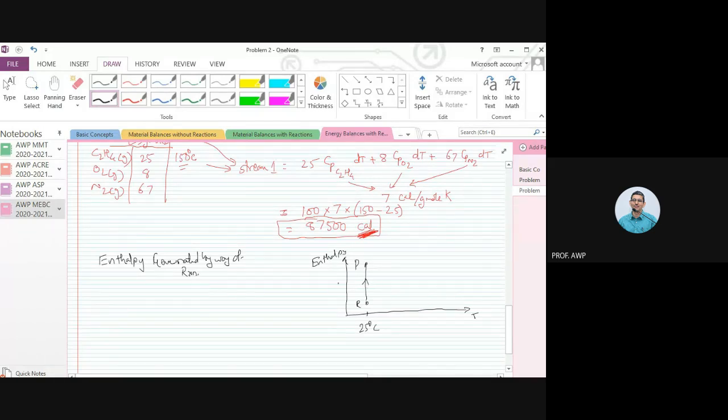These delta H 0, they are known. Whereas actually in the reactor, they are entering at 150 degrees centigrade and they are going to get heated up to something more than 150. So let's say they get heated up to some T degrees centigrade. So we are going to have our products leaving at T degrees centigrade. This is how it is going to go inside the reactor.